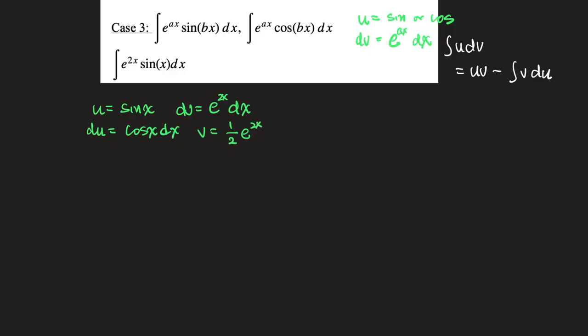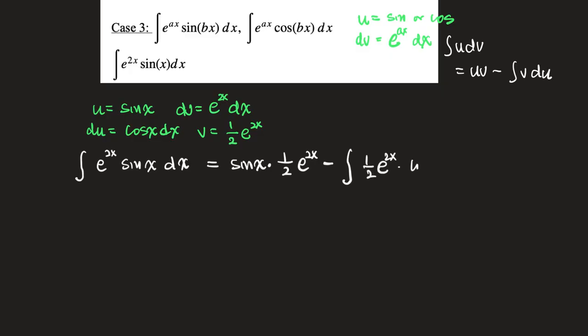Okay, now let's change this one right here. Integral e to the 2x sine x dx. So u is sine x, v is 1/2 e to the 2x, minus integral 1/2 e to the 2x times cosine x dx.